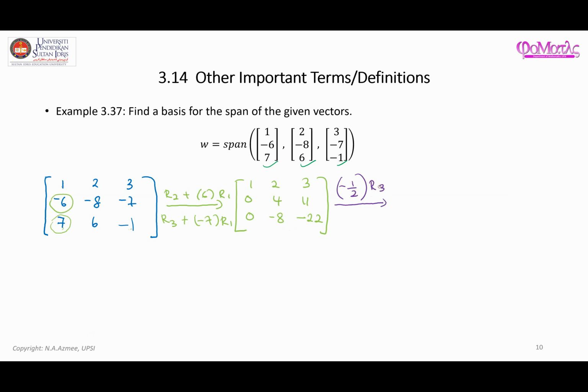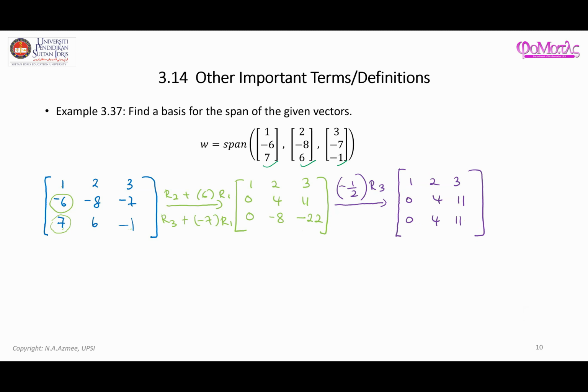The third row will be divided by negative 2. Here we will have 1, 2, 3, 0, 4, 11. Here I will have 0, negative 4 times negative 1 over 2 is 4. Negative 22 divided by negative 2 is 11.